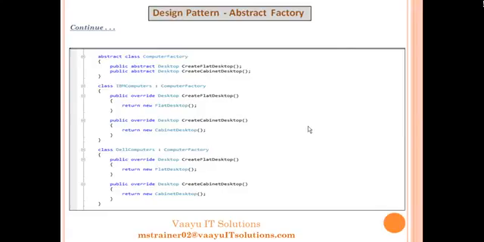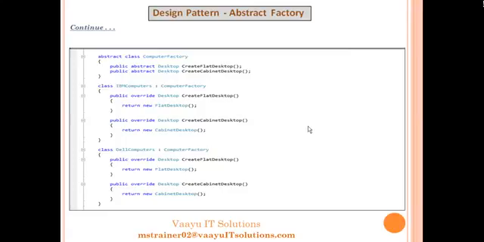Then this computer factory will be inherited by the IBM computers. This is just an example. So I am implementing this public override desktop create flat desktop, which returns a new flat desktop. This flat desktop is the actual product type that is being created. Similarly, create cabinet desktop is creating the cabinet desktop, and similarly Dell computers has create flat desktop and create cabinet desktop.